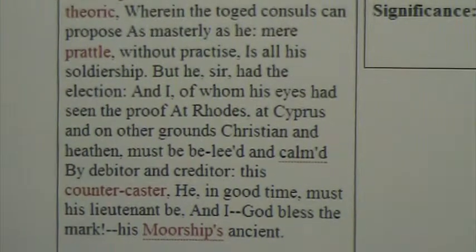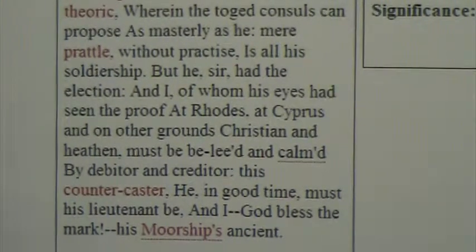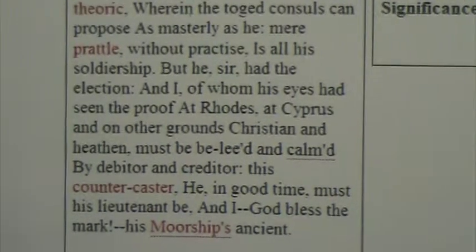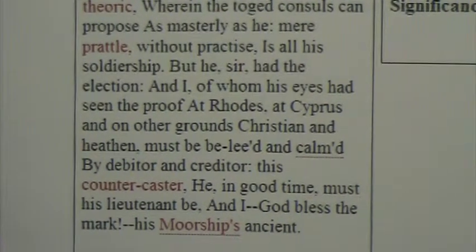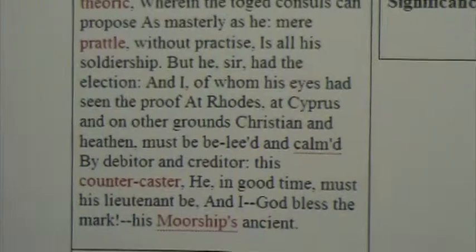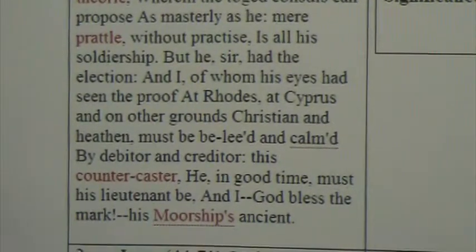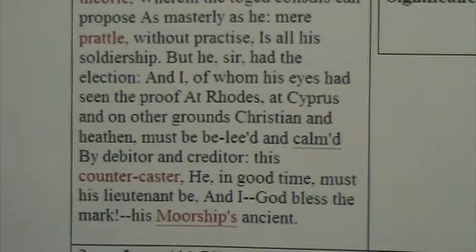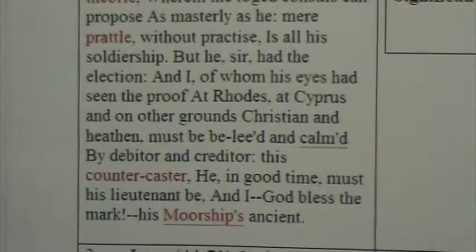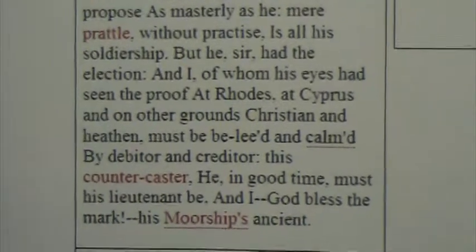But he, sir, had the election, and I, of whom his eyes had seen the proof at Rhodes, at Cyprus, and on other grounds, Christian and heathen, must be lead and calmed by debtors and creditors. This countercaster, he, in good time, must his lieutenant be, and I, God bless the mark, his moorship's ancient."